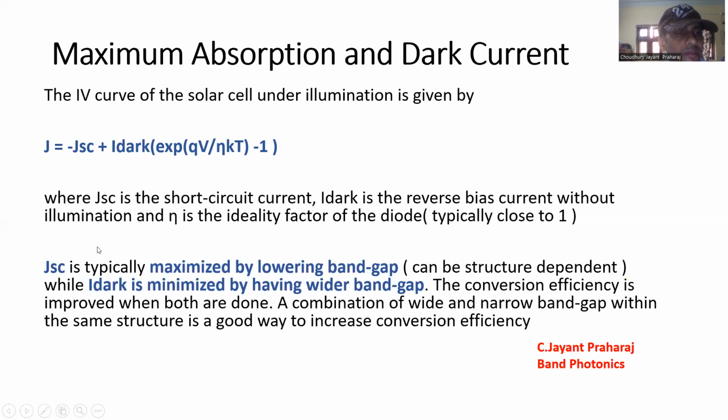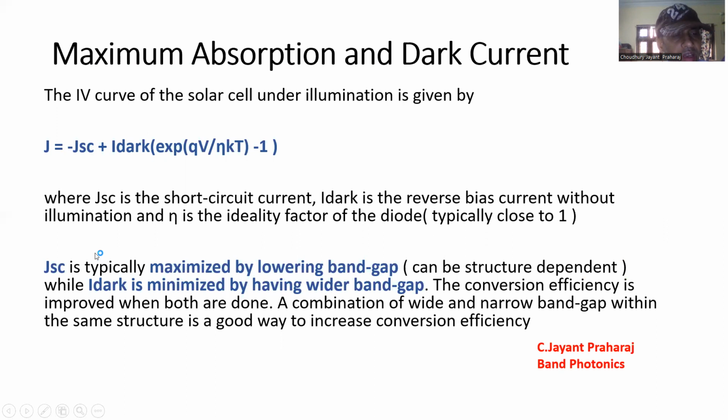Now, in order to get good power conversion efficiency or energy conversion efficiencies in the solar cell, we need to make sure that the short circuit current is large, and also we need to make sure that the dark current is low.